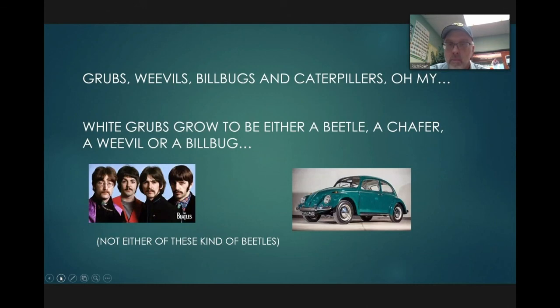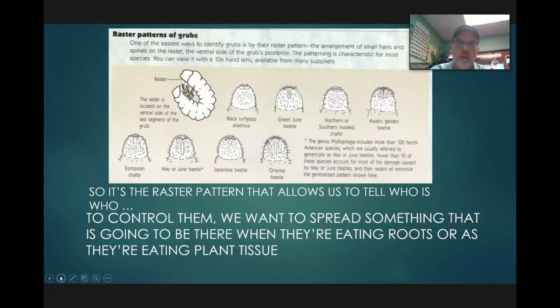Yeah, we have bill bugs out here. They would crawl on the sidewalks, not so much in the ornamental plants, but they will certainly nibble on turf. If it is a caterpillar, it's going to turn into a moth at some point of its life. So again, grubs become beetles, bill bugs or weevils, caterpillars become moths.